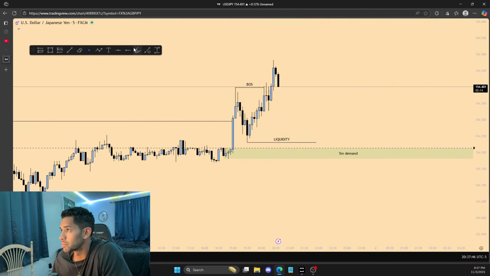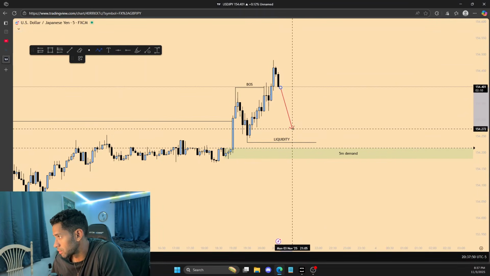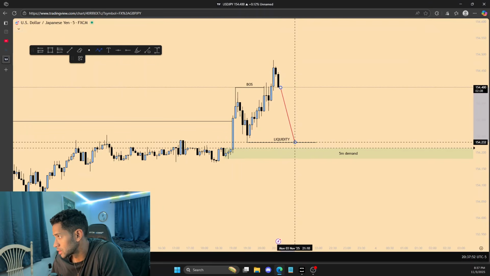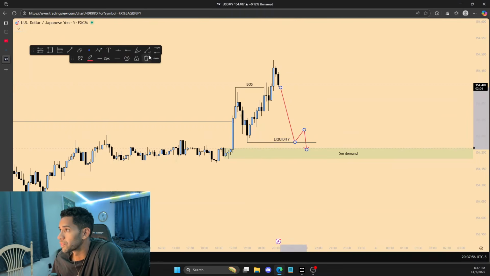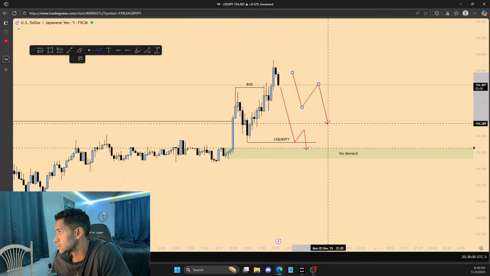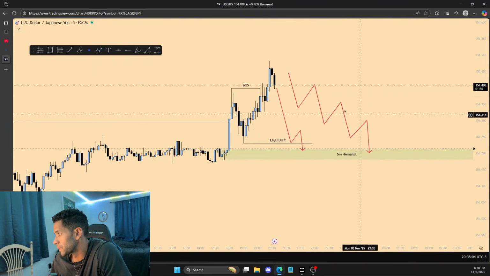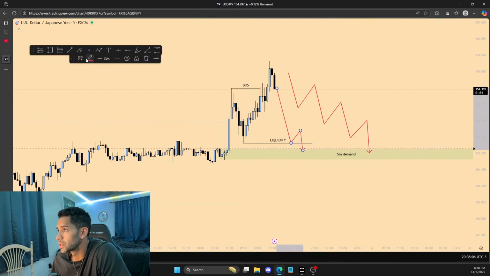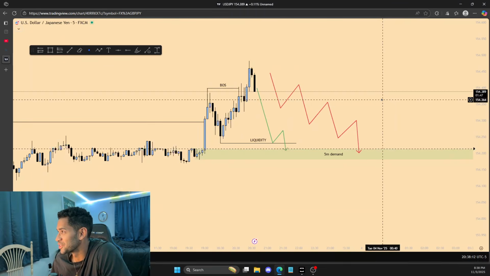So we're bullish on UJ and we have a great setup. And now we just want price to come down aggressively. If price does something like this, right, there's a little retracement here and then come down, that's fine as well. But we will not take this setup if price does this. Okay, this is no good. So I'll make this green so we can kind of differentiate the two.